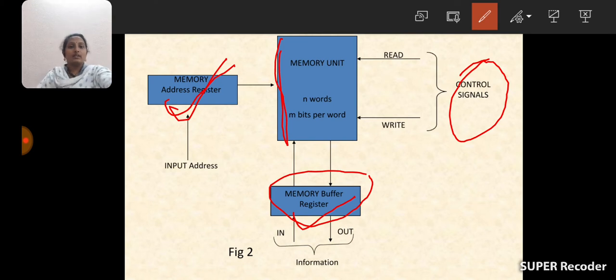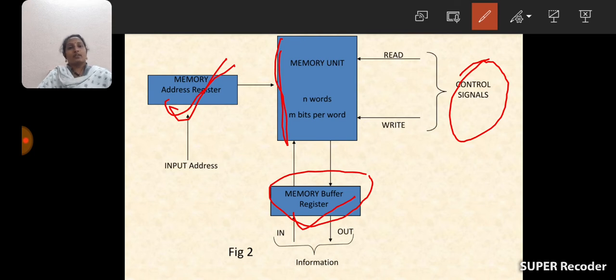The name itself indicates it is a buffer register. Whatever data is applied here is entered as it is into the memory unit. In between the memory and the data, buffer registers provide smooth accessing.